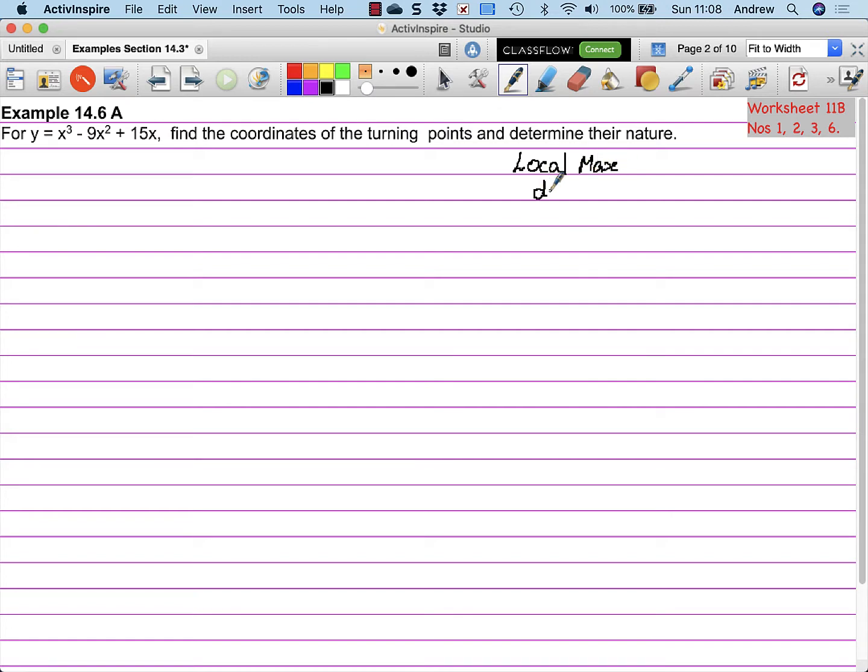The first is dy dx has to be equal to 0, and d2y by dx squared has to be negative, less than 0.